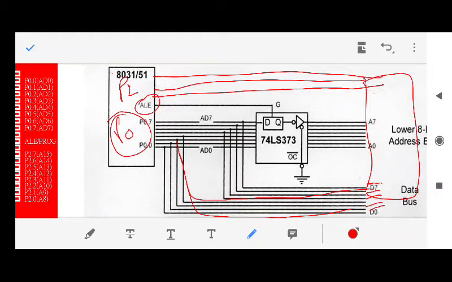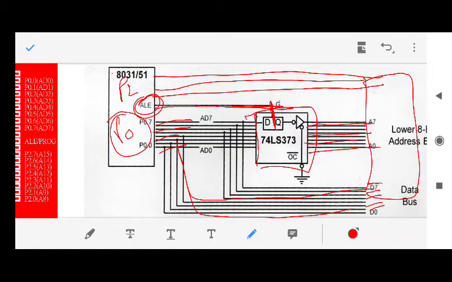So what you do, you connect these lines first to a latch and then from the latch to the address lines of memory. Now this latch has a pin which enables or disables it. So how to enable it? It is directly connected to the ALE pin of 8051.